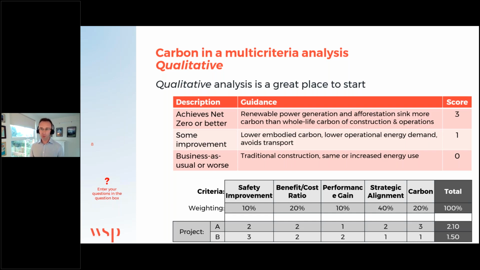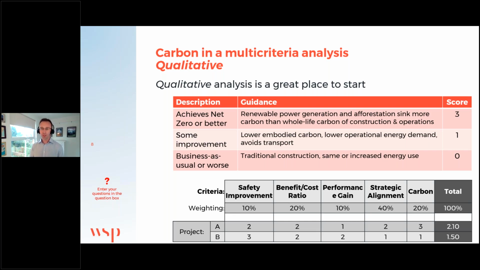Some of the examples could be things like renewable power generation and forestation, where you're sinking more carbon than the actual whole life carbon impact of the construction and the operations. We want to really reward projects like that because that's meeting our ambitions. So in this case, we'll give it 3.